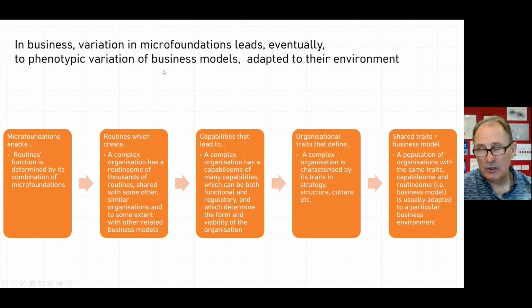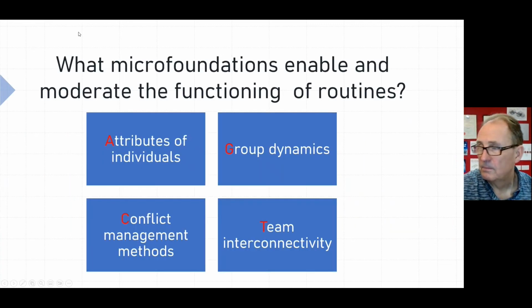The point I'm trying to draw here is that there are very close parallels that we can use to help us understand business evolution and indeed how to manage businesses. I won't talk at great length about microfoundations because I'd be going on all day about this, but I identify 4 categories of microfoundations that seem to be responsible for the functioning of routines.